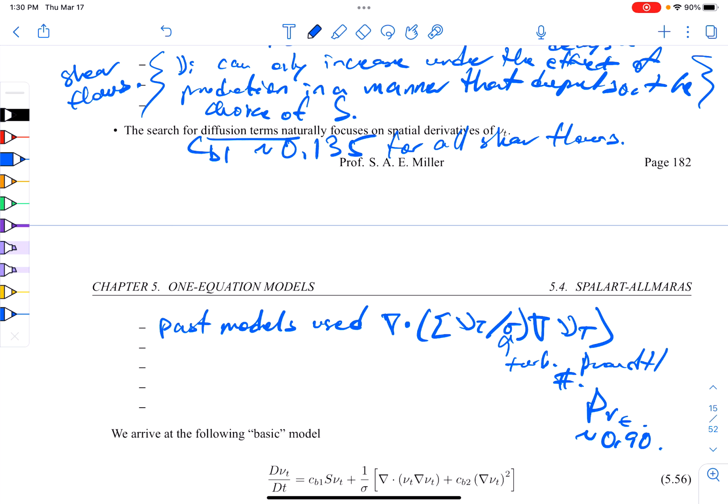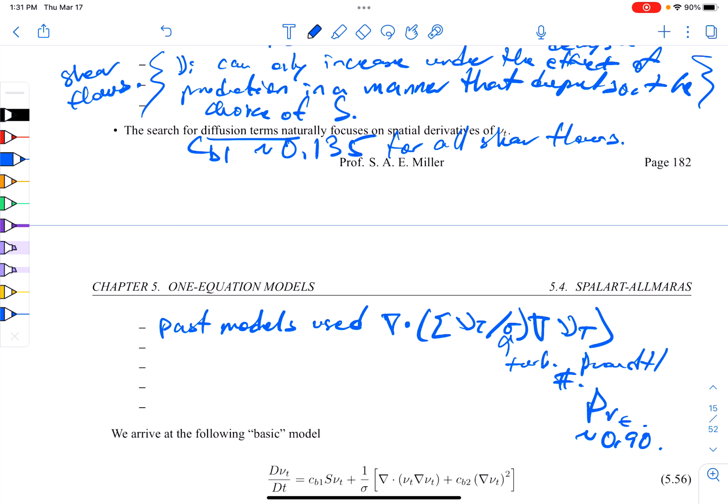So they want to try and create a conservation integral for nu, which is compatible. But there's really no reason that nu should be conserved as a variable, because they don't have other terms in the model so far. And they also noticed that other people who manipulated two equation models would try and bring out these diffusion terms, and they're not conserved in those models.